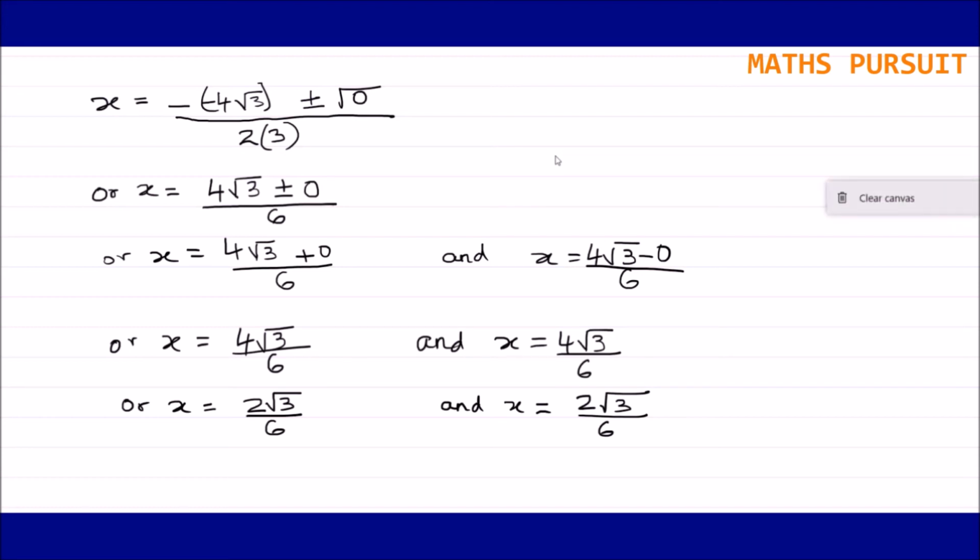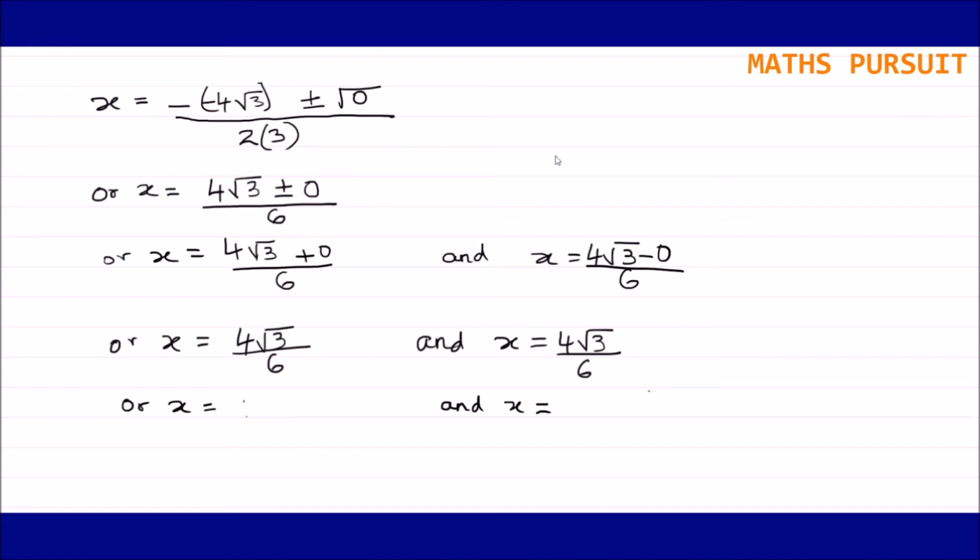So this one, the first part is 2 root 3 upon 3, and the second part is also 2 root 3 upon 3. That is what I'm going to write. By mistake I took it something different.